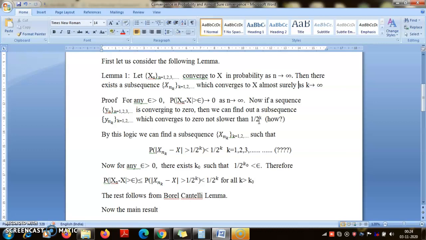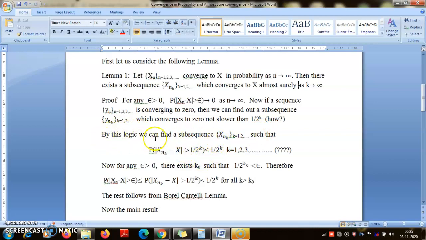Then take epsilon equal to 1 by 2 square, that is 1 by 4. Then I will find an n2 bigger than n1 such that Yn2 is less than 1 by 4, because this has to happen for every epsilon. Then I will take epsilon equal to 1 by 2 cube, and find an n3 such that Yn3 is less than 1 by 2 cube, and so on. So this is the idea.